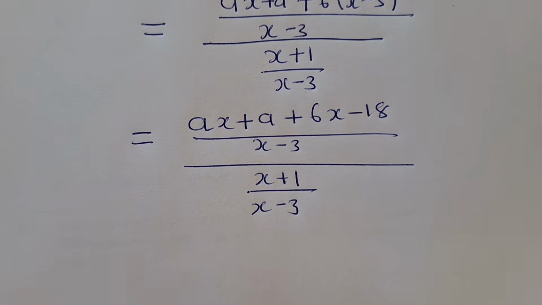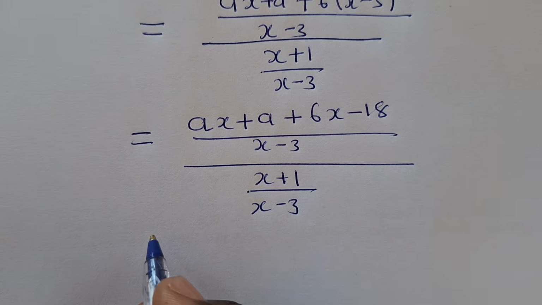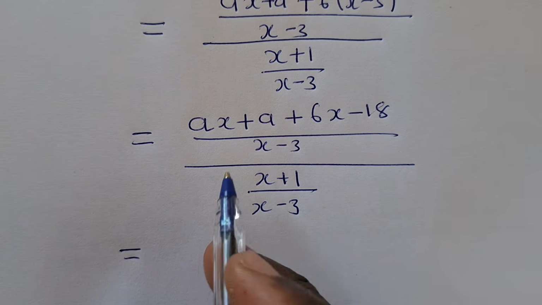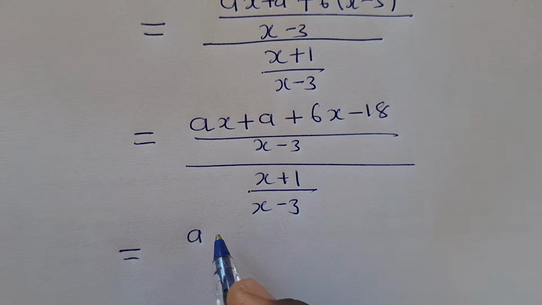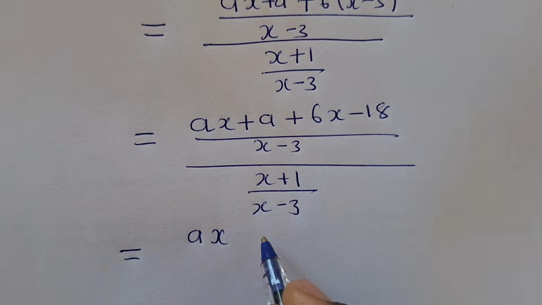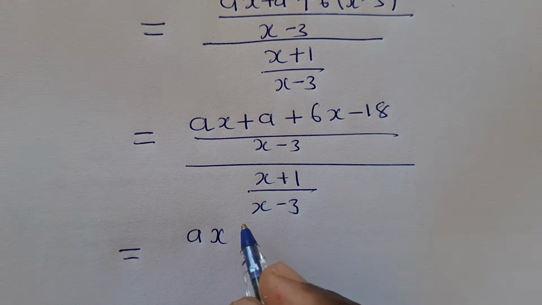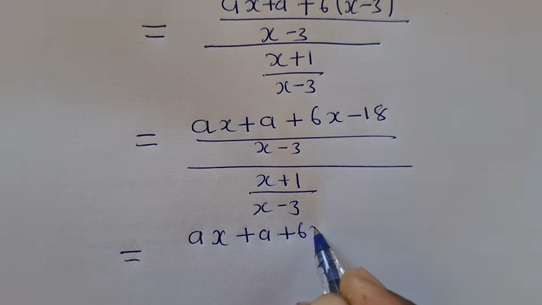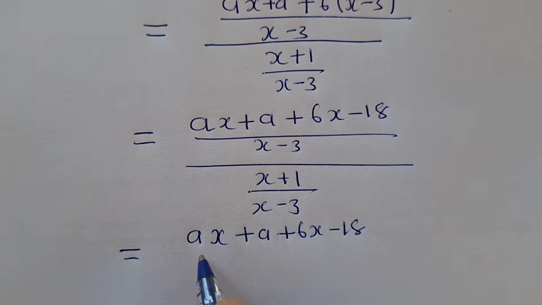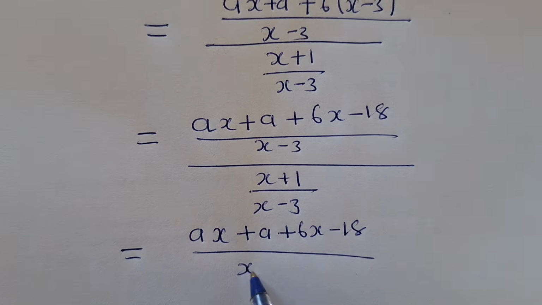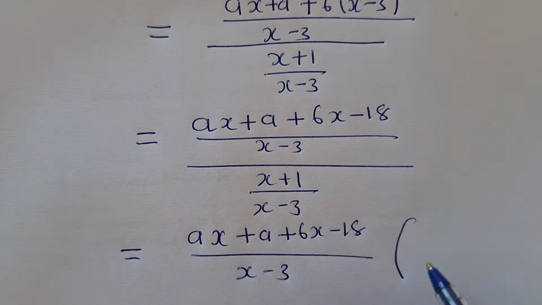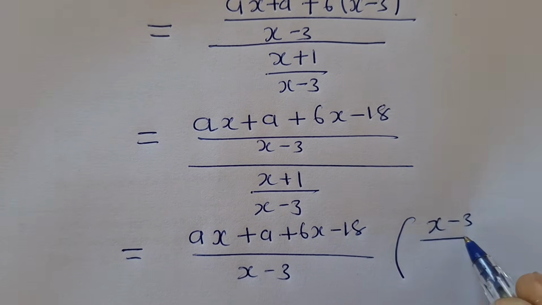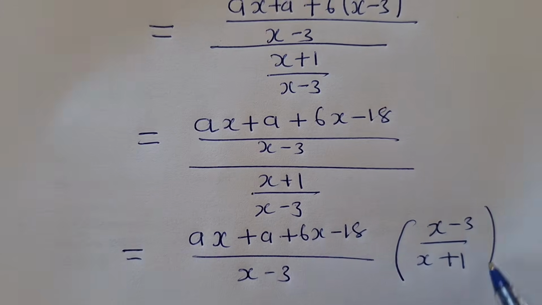So we are now at this point. So we can say (ax + a + 6x - 18) over (x - 3) times (x - 3) over (x + 1).